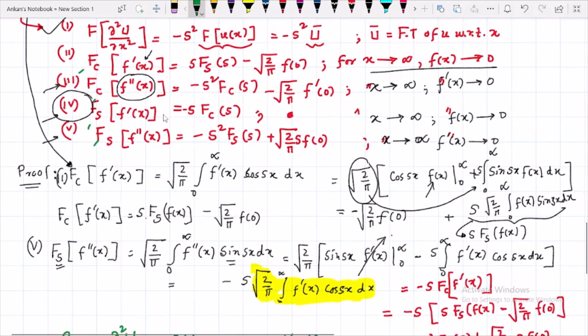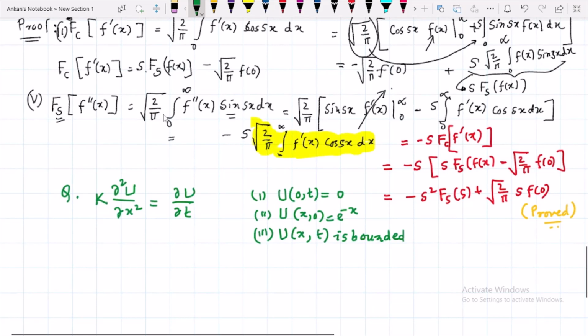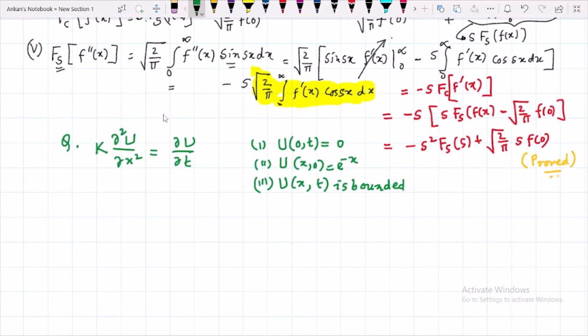When to apply sine and when to apply cosine should come to your knowledge. Here the condition at x equal to 0 is 0, which resembles the sine, since sine 0 is 0. So you have to apply the Fourier sine transform here. You have to identify which kind of transformation to apply by looking at the boundary conditions.